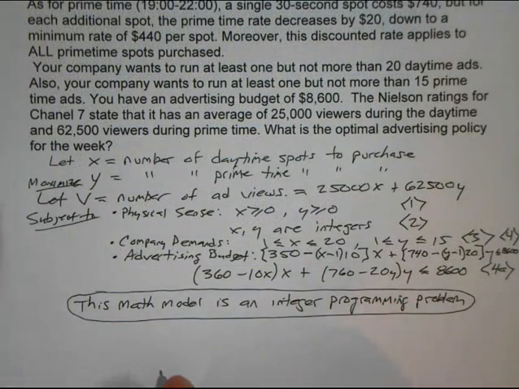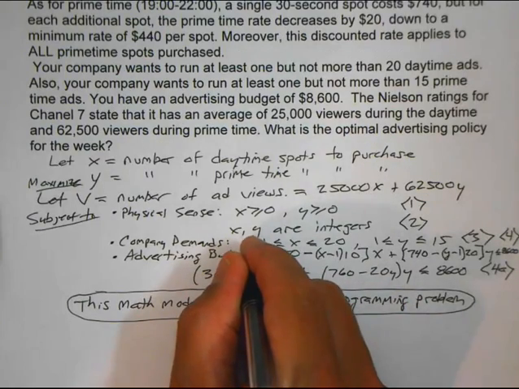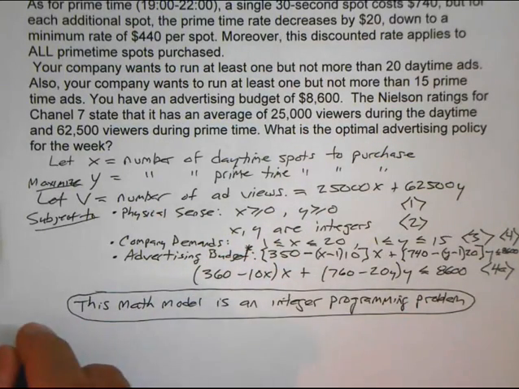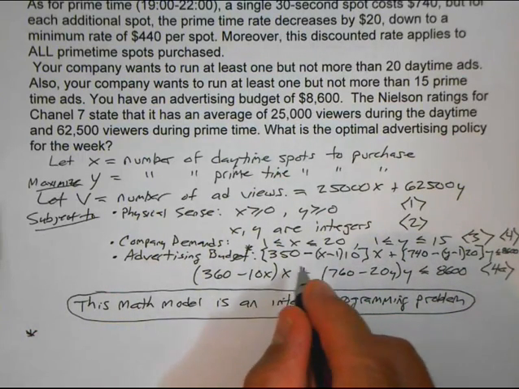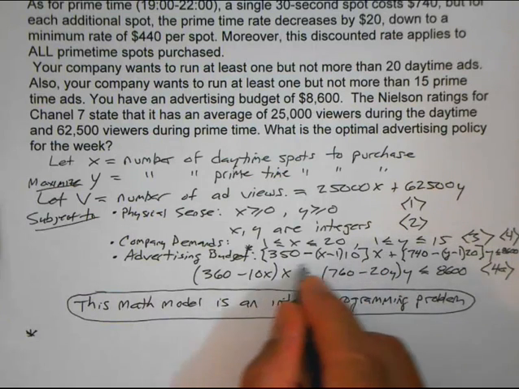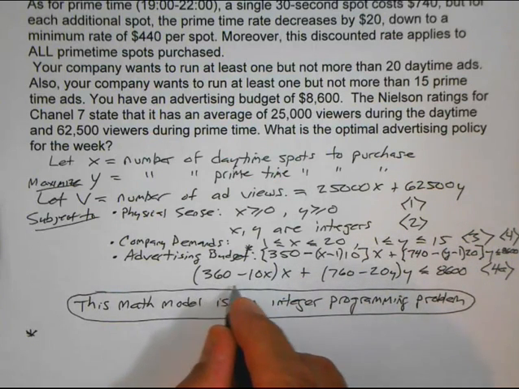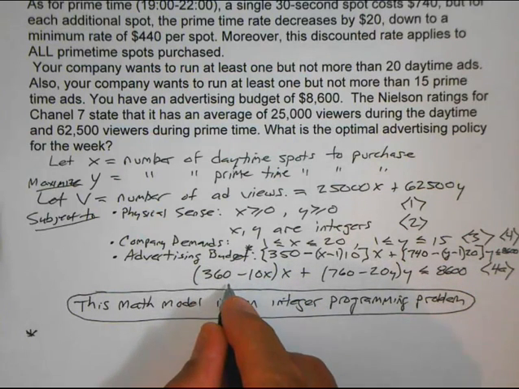Okay, and there's actually still another aspect of this advertising budget to consider. So maybe we should put an asterisk right here, and so then we go down here, and the concern is this: we translated the information, or I guess we've simplified it, to this quantity in the parentheses here as being the rate at which the primetime ads are being paid.